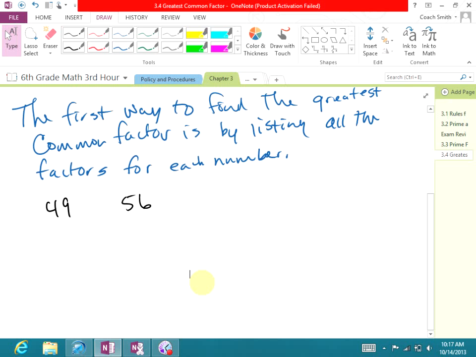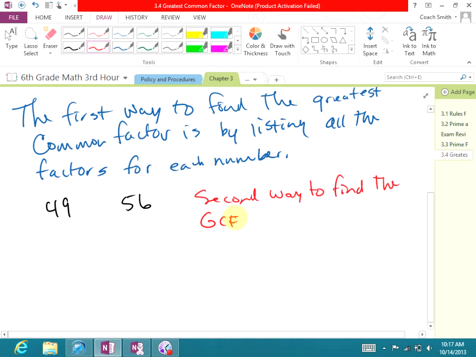The second way to find the greatest common factor between numbers, the second way to find the GCF, is to prime factor the numbers.